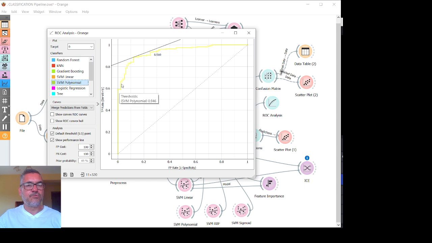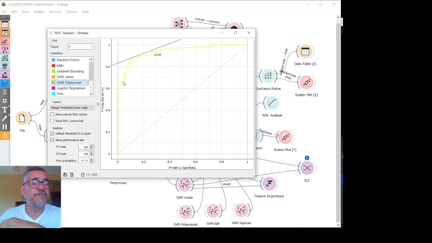So basically, when we are somewhere here, and something has a predicted probability of greater than 0.9, then it is classified into the one class, and with a value less than 0.9, it is classified to the other side.